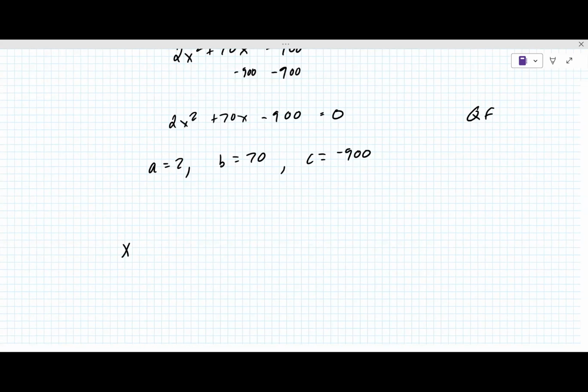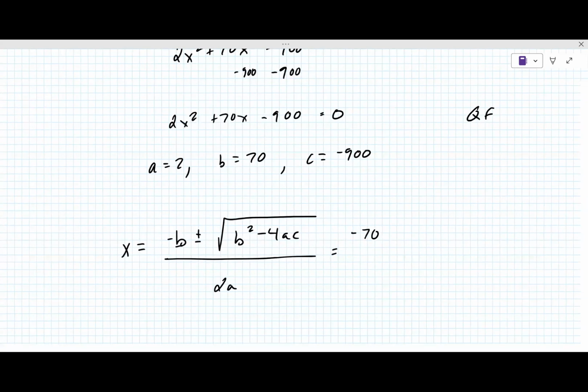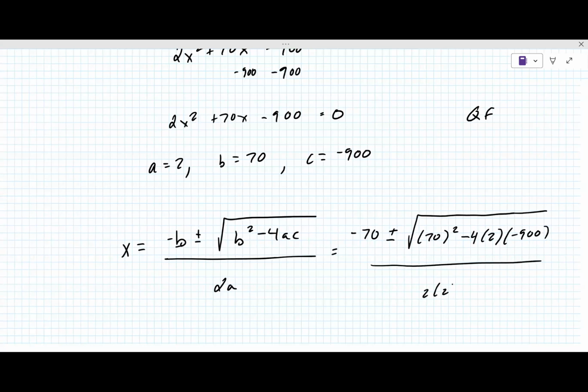All right, so the x value here is minus b plus or minus the square root of b squared minus 4ac all over 2a. So for you, the way this is going to look, it's minus 70 plus or minus the square root of 70 squared minus 4 times 2 times minus 900 all over 2 times 2.